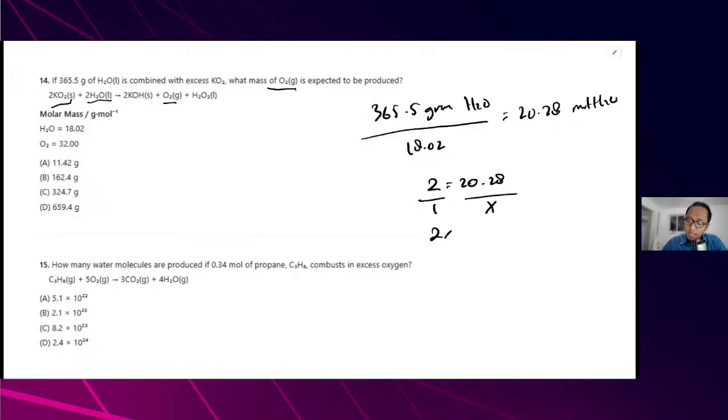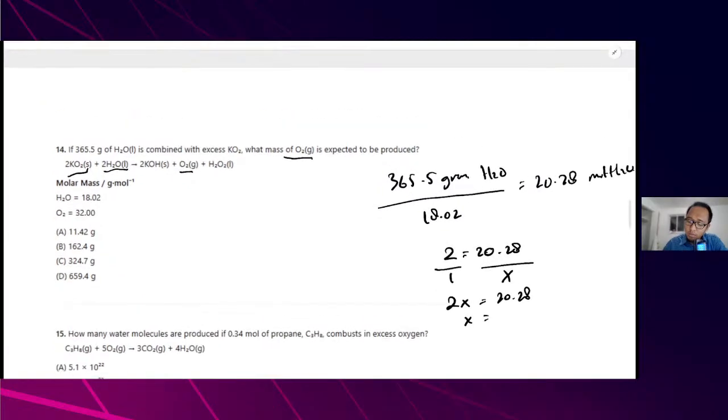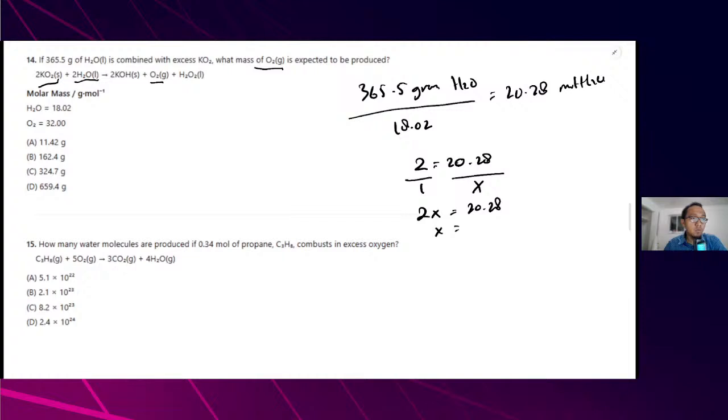So 2x equals 20.28, so x will be 10.14 mole O2. Now just convert it into grams. It's pretty easy: 10.14 mole O2 times 32 gram per mole.